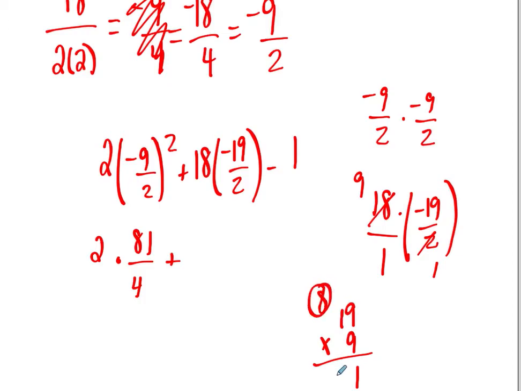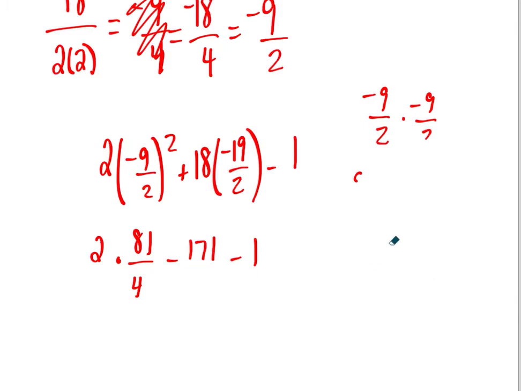Now, how come you're doing that? How come I'm doing 19 times 9? Because you have to multiply 18. Oh, I see. Then you're going to subtract 1 from 171, which should be 170. Well, no, because this is negative, because it's 18 times negative 19, so that overall number is negative. So it's going to be negative 172.